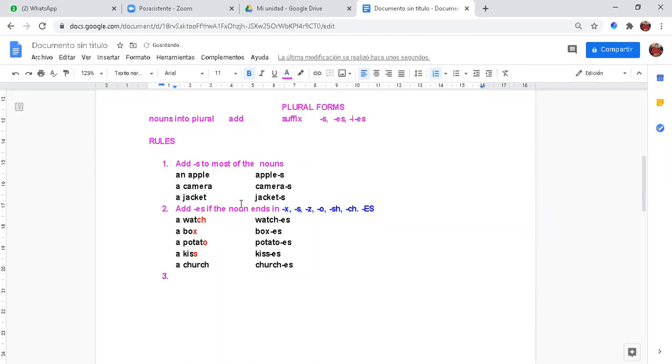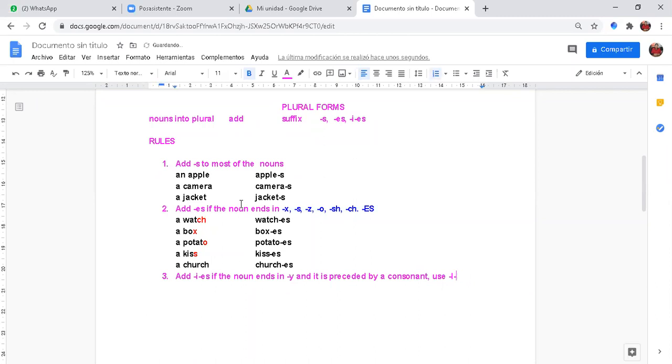It says to add I-E-S if the noun ends in Y and it is preceded by a consonant. Use IES. Or change Y to I and add ES.